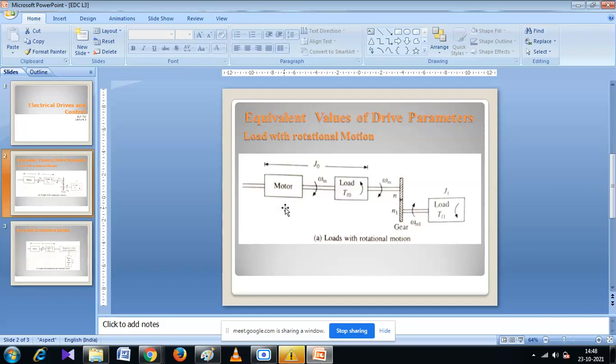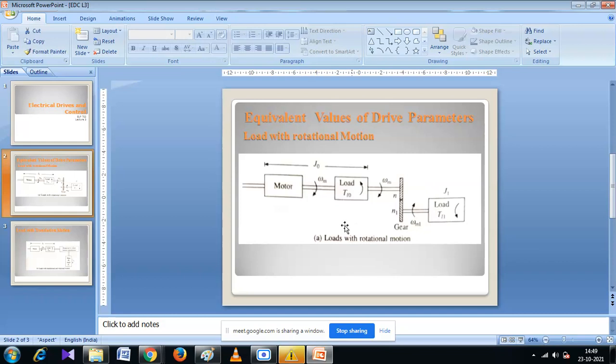We add another load TL1 with a gear connection, which has the ratio n and n1. The load directly connected to the motor has a gear with n teeth, and the other load is connected by a gear with n1 teeth.